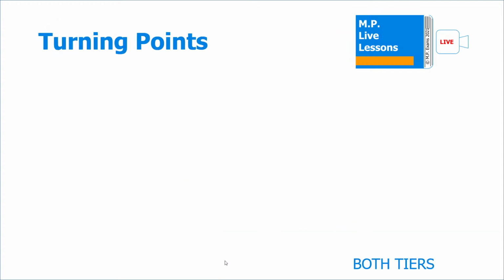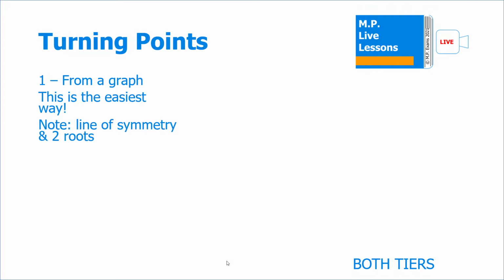Now, for turning points, this is on both tiers, so the easiest way you can find a turning point is if they give you a graph. This is very generous. This is the easiest way. So for example, you have, let's say, a quadratic graph like this. The turning point is literally just here at its lowest point.